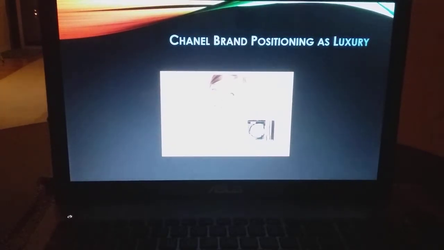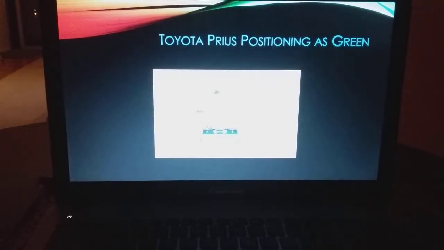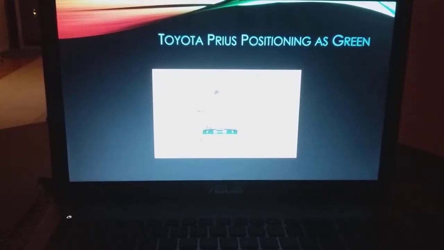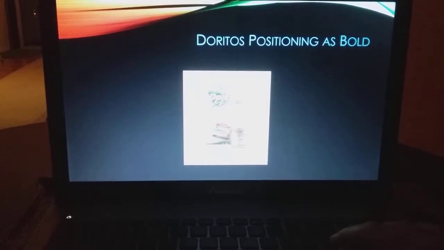Simple, very simple, easy to understand ads and distinctive. Vans is known for having street style. The Toyota Prius is known for being green. We're back to Doritos as the bold brand we saw in the last chapter.